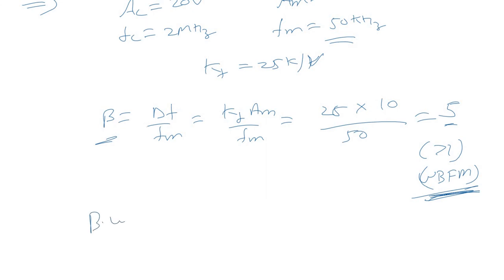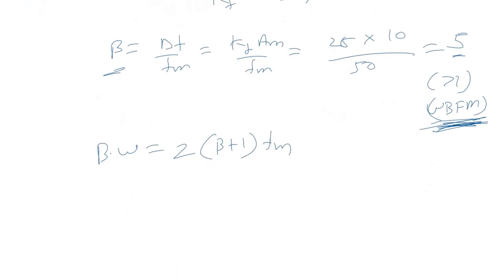Now, what is the bandwidth of a wideband FM signal? We always go for the practical bandwidth that we get using Carson's rule, because the actual bandwidth, we know, is infinite, and that is not a practical scenario. So the bandwidth as per Carson's rule of a wideband FM signal is twice of beta plus 1 into Fm. 2 into beta plus 1, which is 6, into Fm, which is 50, comes out to be 600 kilohertz.